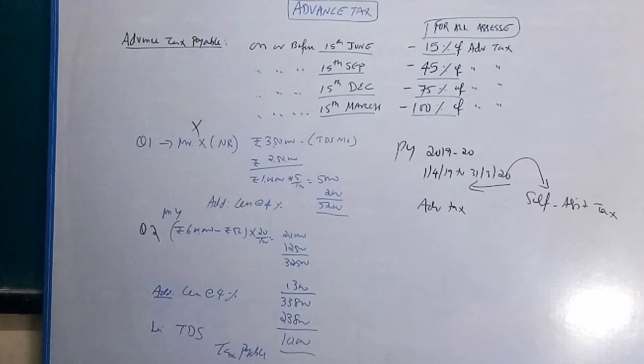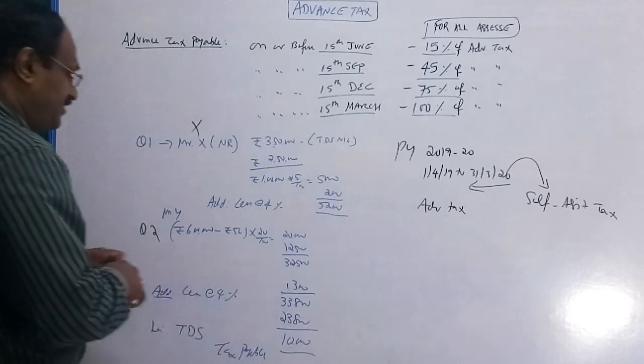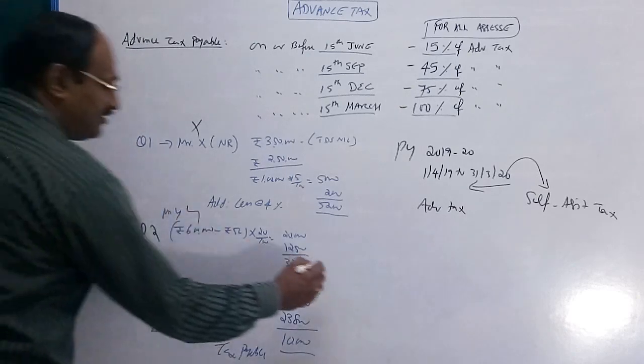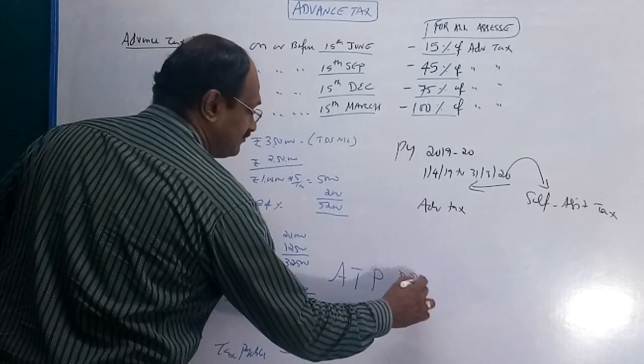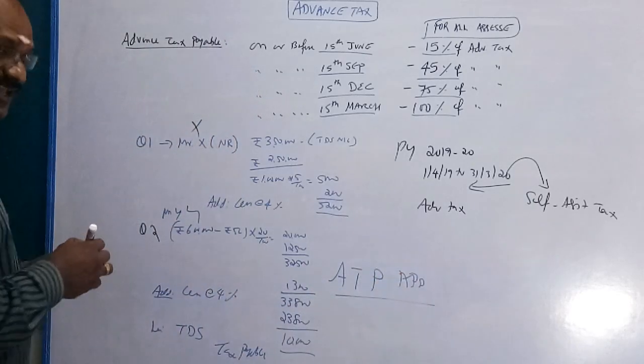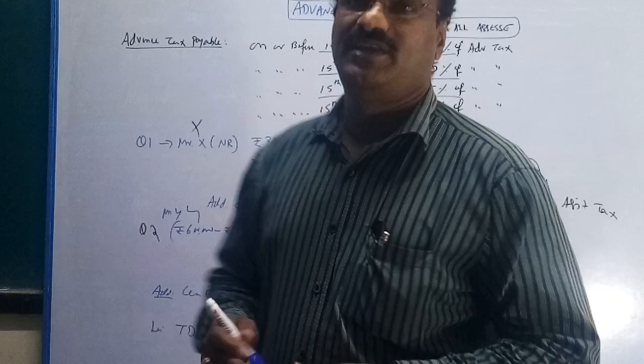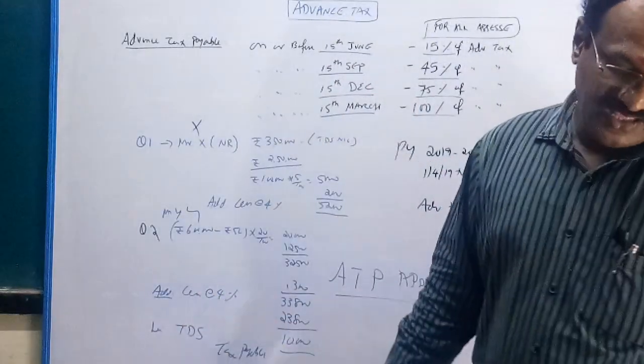See, the provision clearly says final tax after adjusting TDS of 10,000 or more. In this case, tax payable is 10,000. Thereby, the advance tax provision is applicable. Any doubt? Advance tax provision applicable in situation 2.